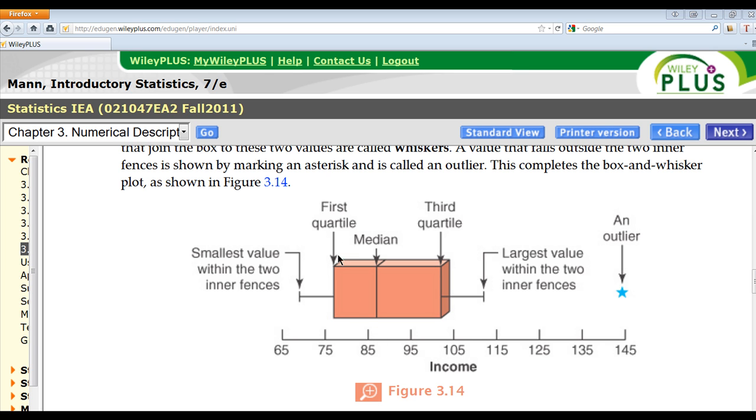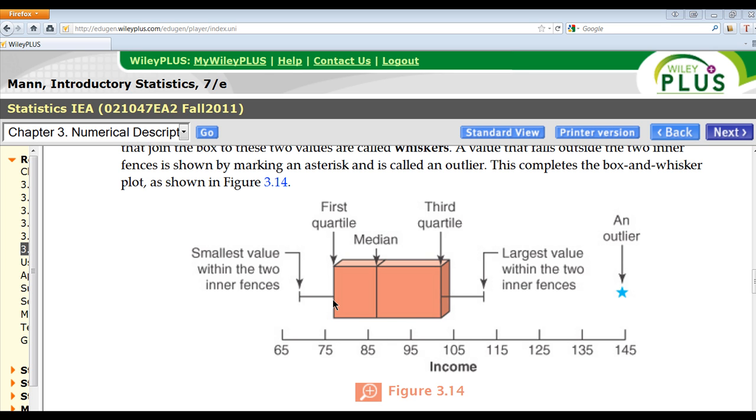The first quartile, which is about 76, tells me that 25% of all incomes are less than $76,000, and 75% of all incomes are above $76,000.